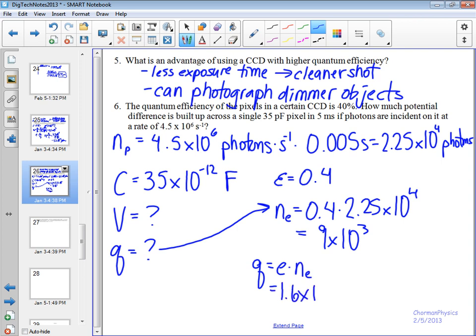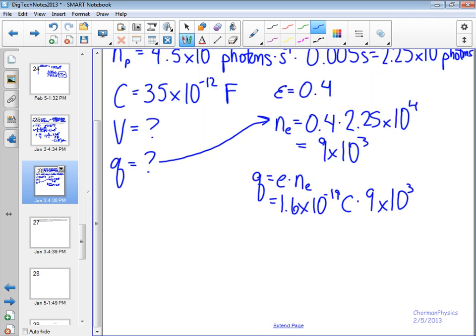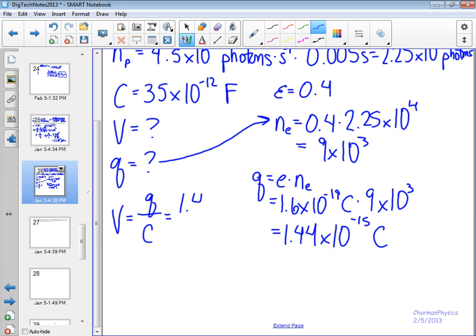Once we know the number of electrons, we can get the amount of charge. So the charge here is just going to be equal to E times N sub E, with E being 1.6 times 10 to the negative 19 coulombs. And the charge that we're getting here, we bring back up to our equation for the voltage, related by capacitance and charge.